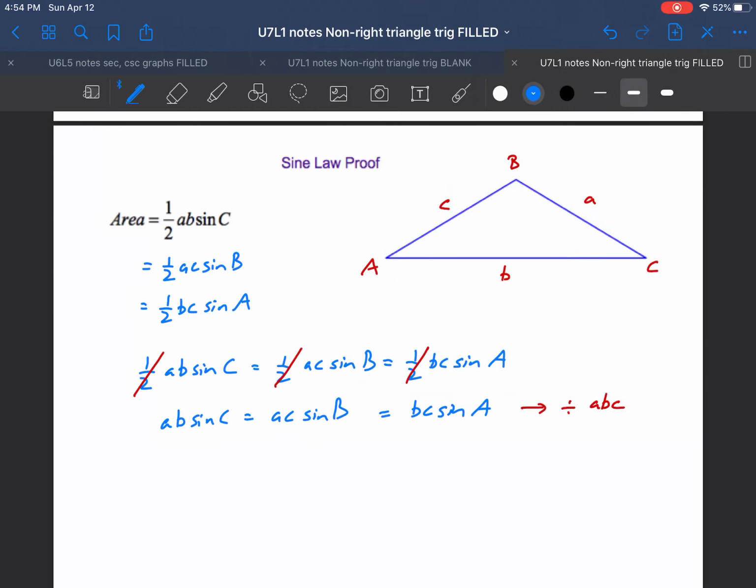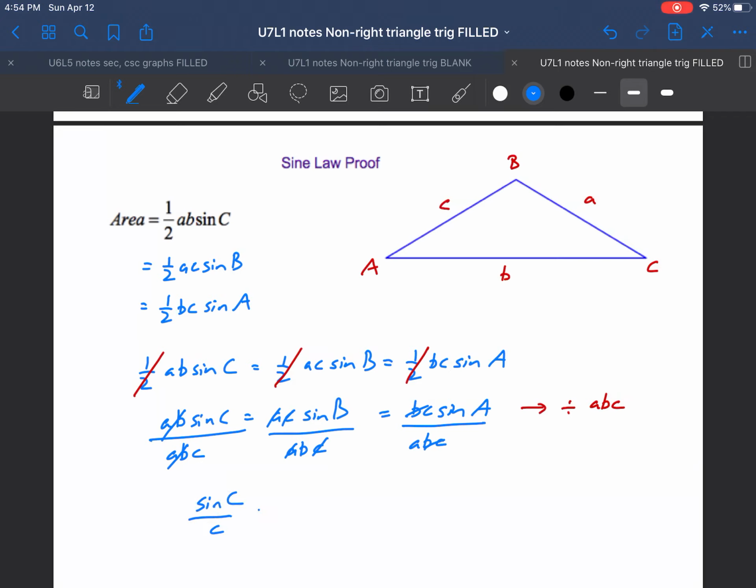If I take the first part and divide it by ABC, we see these are going to cancel. If I divide this by ABC, the A and the C are going to cancel. And if I divide this by ABC, the BCs will cancel. So look what just happened.